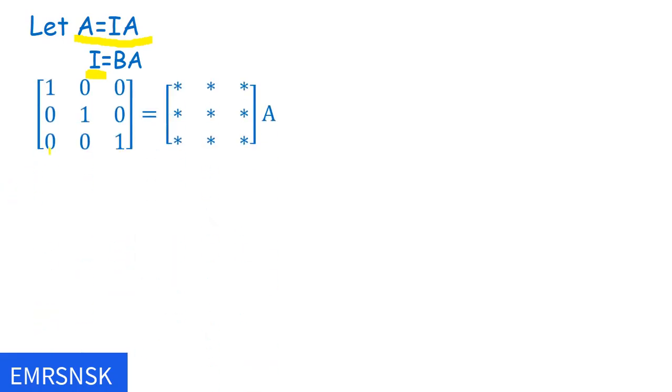That means this is of the form identity matrix, and some matrix B after performing elementary transformations. That I matrix is converted into a B matrix, and I will write this A as it is.